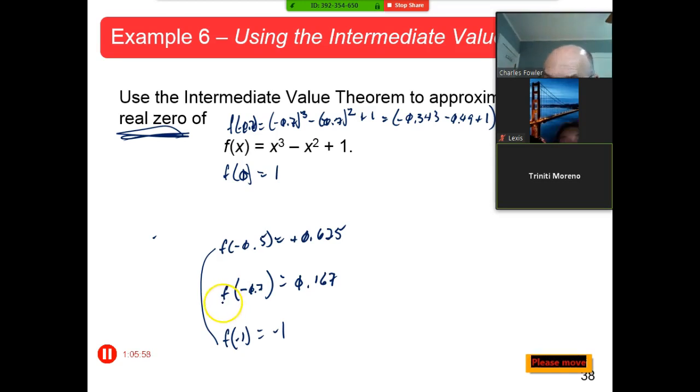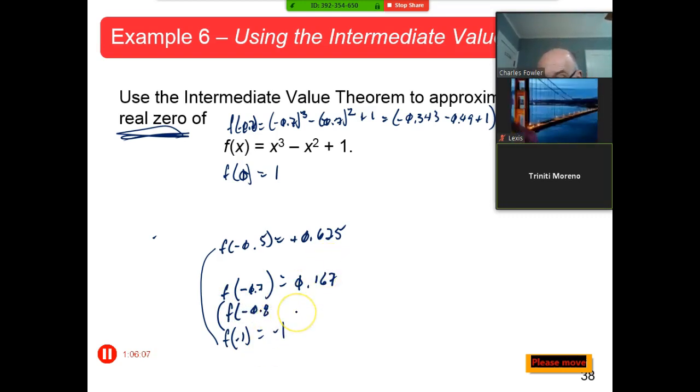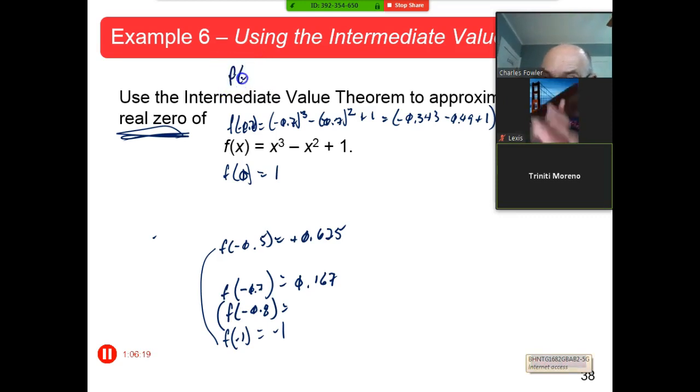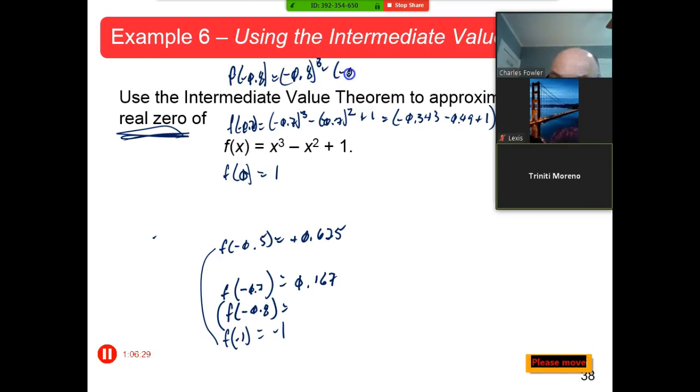Well, now we know it's in between these two. So let's try the next one to be negative 0.8. You see, it's in between those two. If you got your calculator set up, you can just plug that in up here. F of negative 0.8 will be negative 0.8 cubed minus a negative 0.8 squared plus 1.